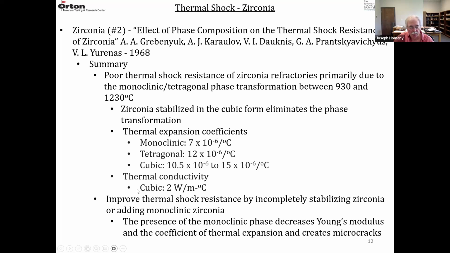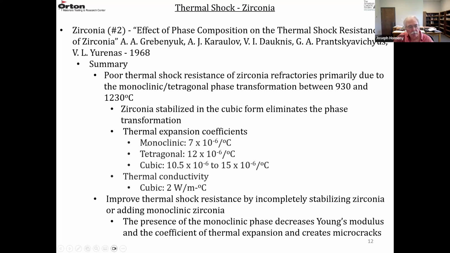And the thermal conductivity is not very high. It's 2 watts per meter degree C, so it's on the low end for refractories. You can improve the thermal shock resistance by incompletely stabilizing zirconia or adding monoclinic zirconia. When you add this monoclinic phase, it decreases the modulus because of the microcracks that are created.